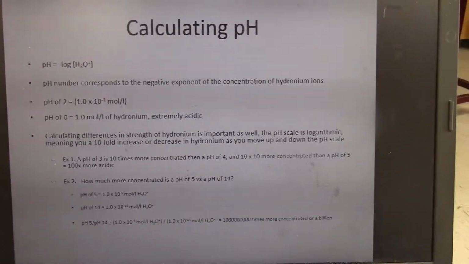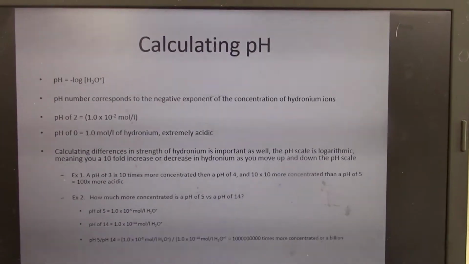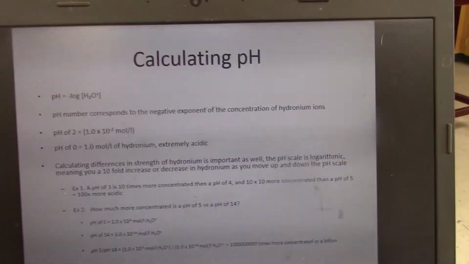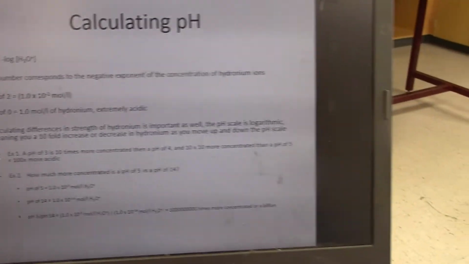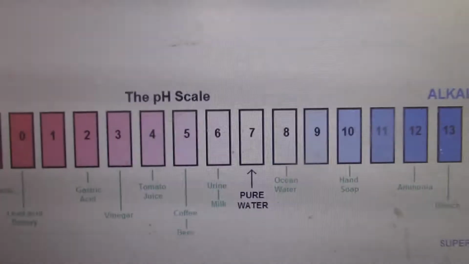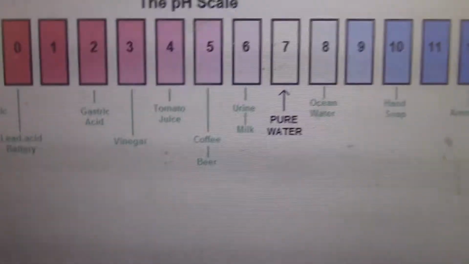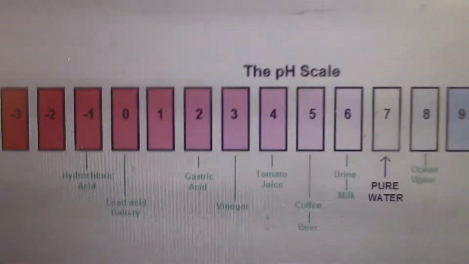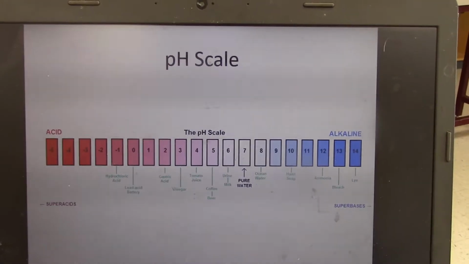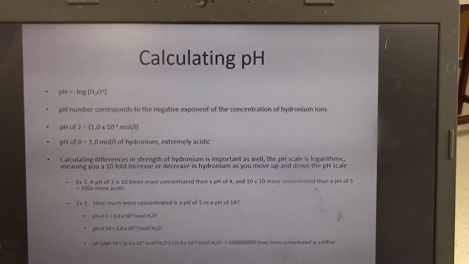So going from a pH of 6 to 8, increasing on the pH scale, would be 100 times more basic. And decreasing levels on the pH scale is an increasing level of acidity. So each time we move from one level of pH, that's a change by a factor of 10. Logs provide linear relationships for exponential relationships.